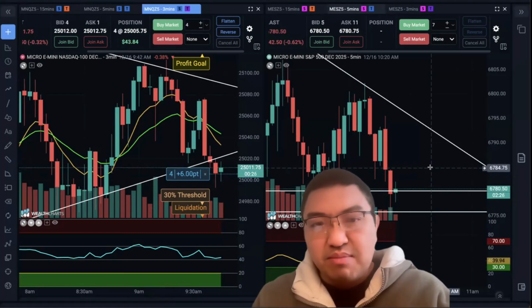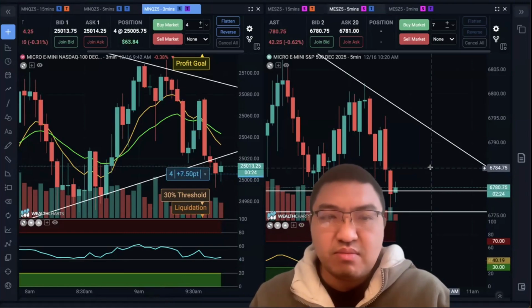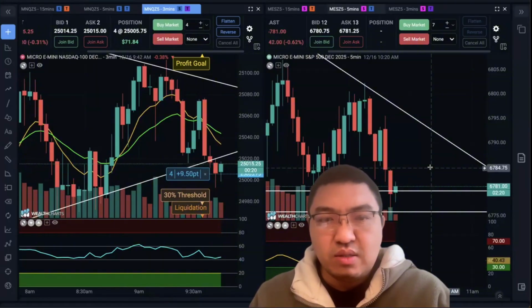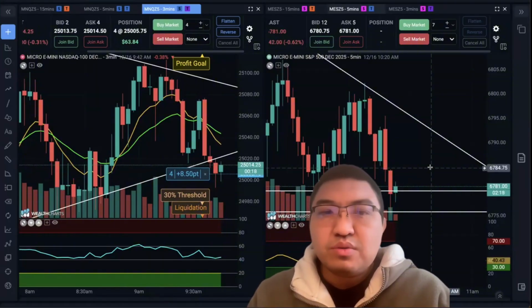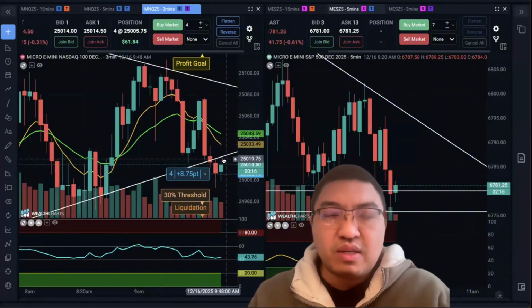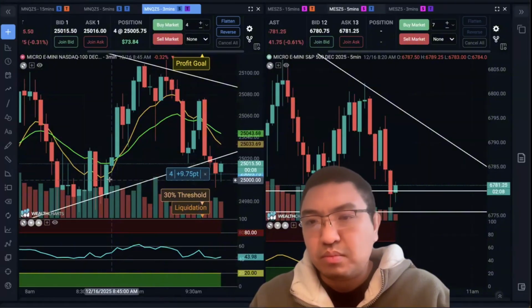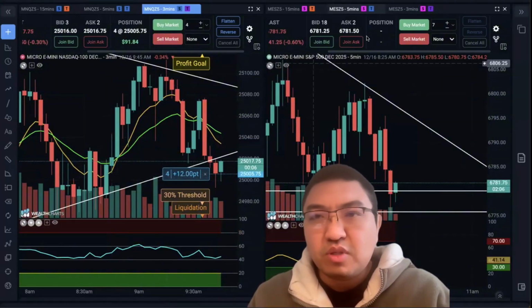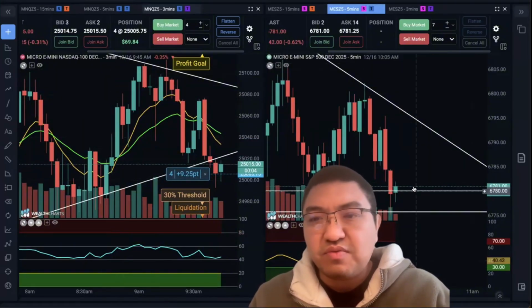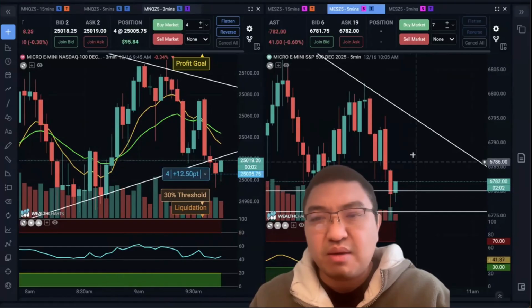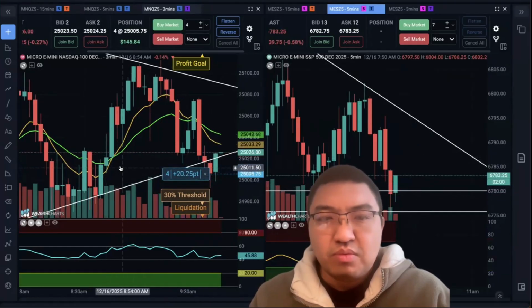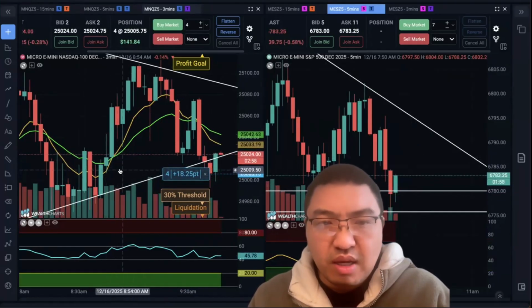Buyers gradually step in, grab some control from the market. 3 more minutes. See if you can engulf somewhere around here. This is 3 minutes, and for ES, that's 5 minutes. It looks like buyers step in. Oops. Yeah, they step in.